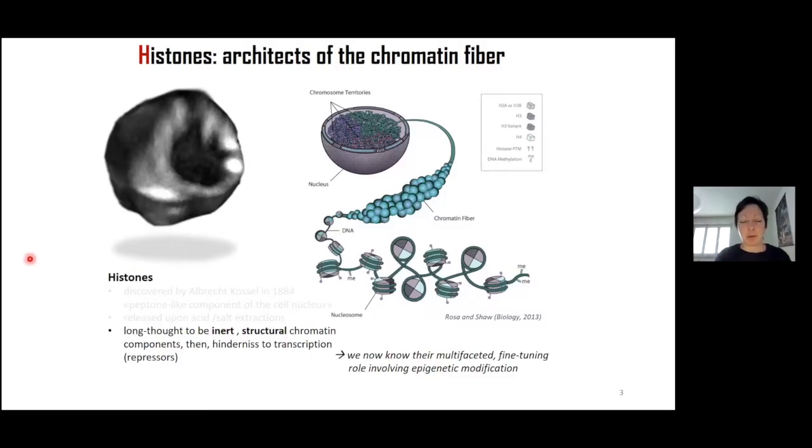I'm not going to teach you anything new by saying that the chromatin is built as a polymer where DNA is wrapped around core nucleosomes, and each core nucleosome is constituted by an octamer of histones, H2A, H2B, H3, and H4. And this beads-on-a-string structure is further coiled and folded in a more complex fiber.